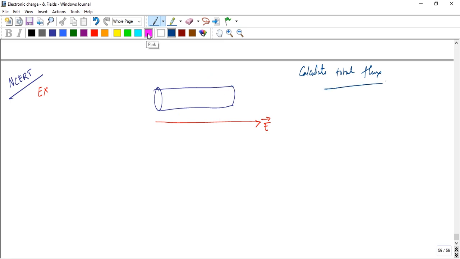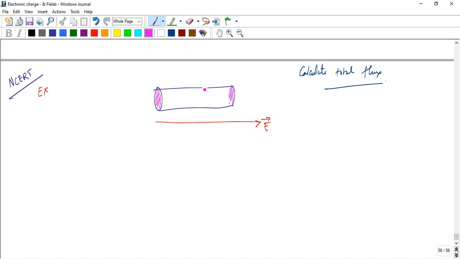First, consider the three surfaces: the front of the cylinder, and the one behind it, which is also circular, and the curved surface. At top or bottom, you can choose any one, it doesn't matter.